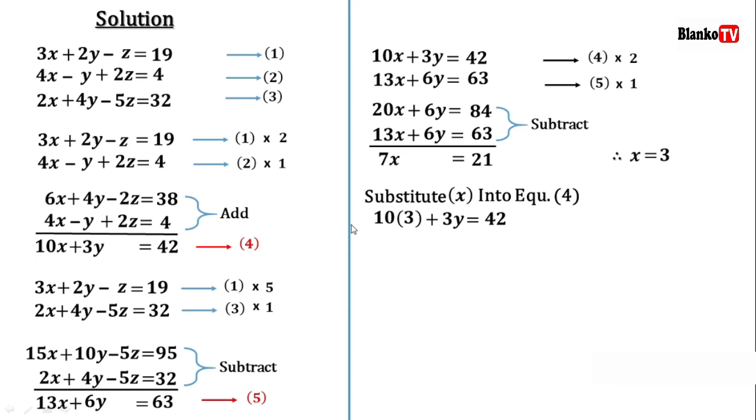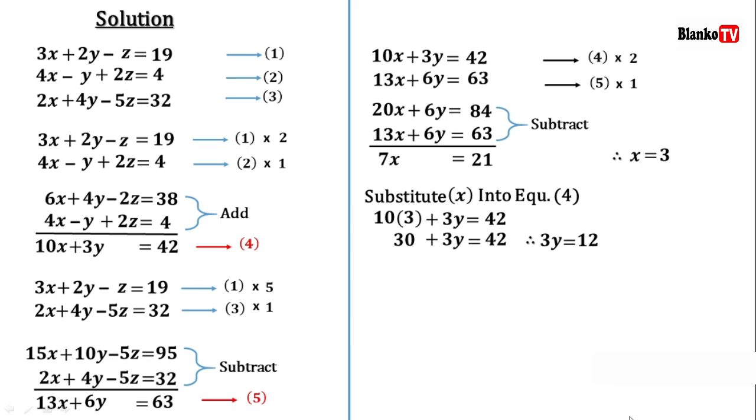So when you multiply 10 by 3, we are going to get 30 plus 3y equals 42. So therefore 3y equals 12.